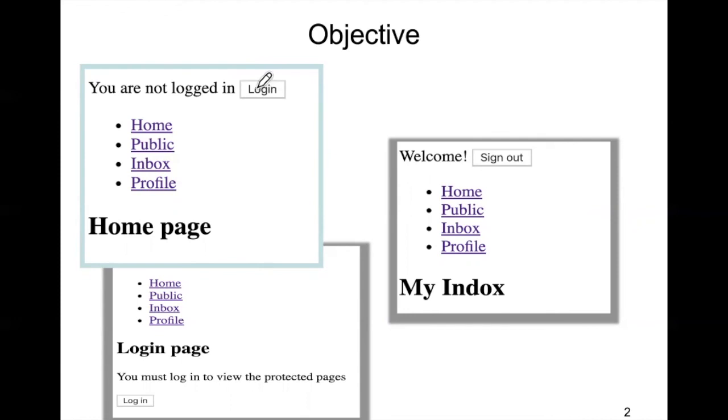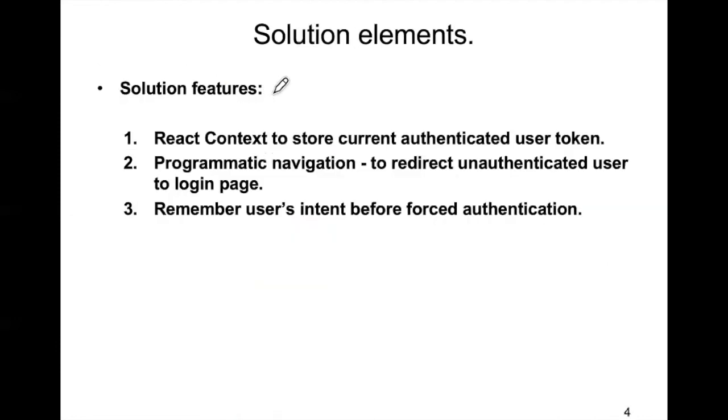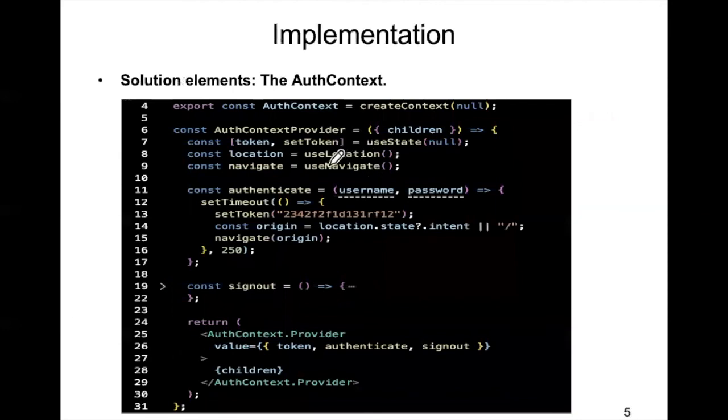Now, when they do click the login button, that means that this expression here, location.state, is going to be undefined. And you can go back yourselves and look at when location.state actually has a valid value.